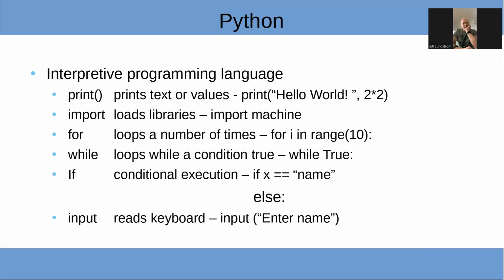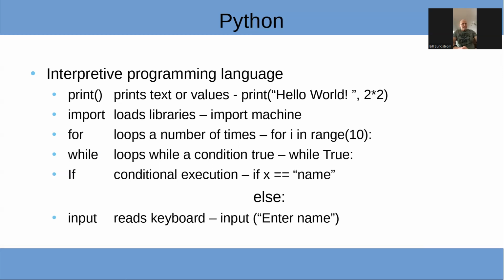The import command allows you to load libraries that you can use in your program. One of the probably more popular ones is the machine library, which allows you to manipulate the general purpose IO pins on the processor. In other words, control those pins as digital in or digital out or analog in or analog out.